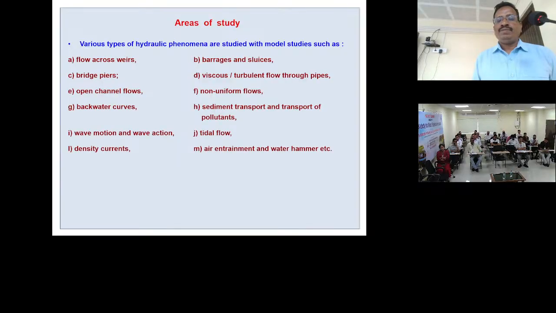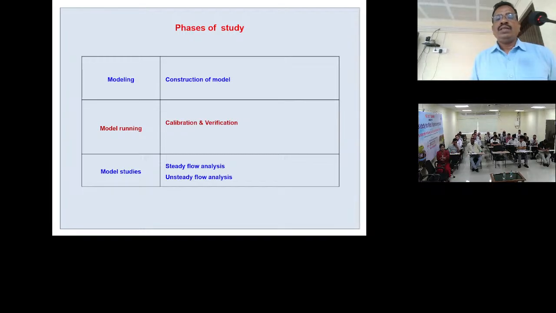Bridge piers, viscous turbulent flow through pipes, open channel flows, non-uniform flows, backwater curves, sediment transport and transport of pollutants, wave motion and wave action, tidal flow, density currents, air entrainment and water hammer, etc. These types of studies we are doing as physical model studies in CWPRS by using the data which is given by the project authorities.